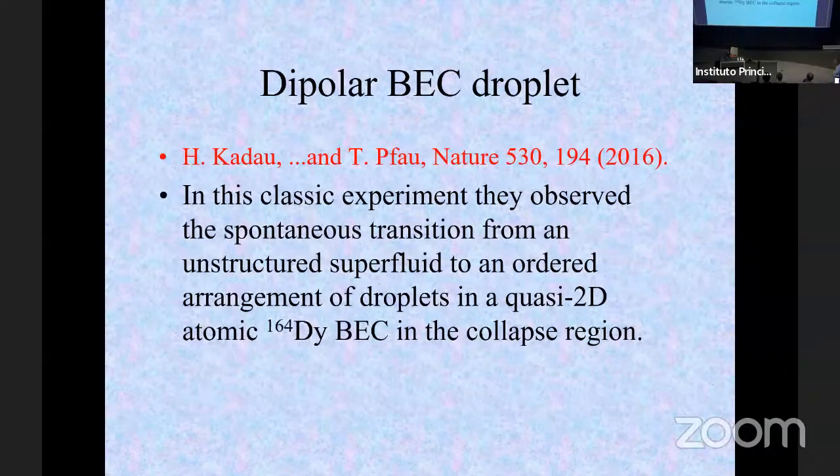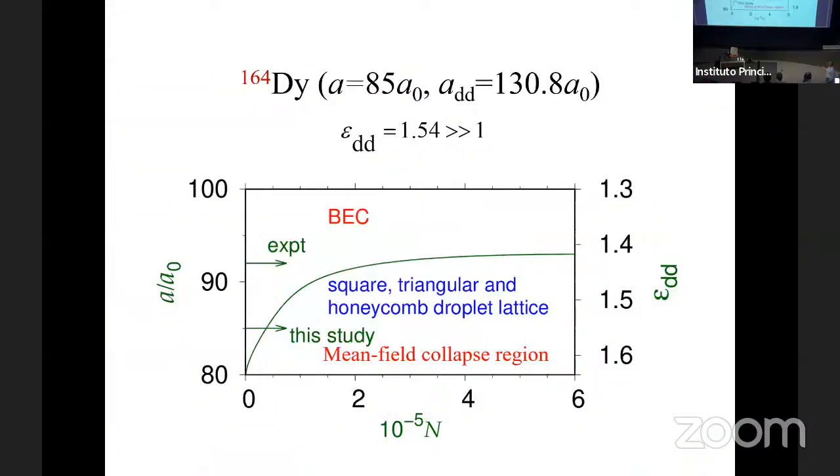In this classical experiment, they observed a spontaneous transition from an unstructured superfluid to an ordered arrangement of droplets in a quasi-2D dipolar BEC, in the collapse region where collapse would be expected. What is the collapse region?